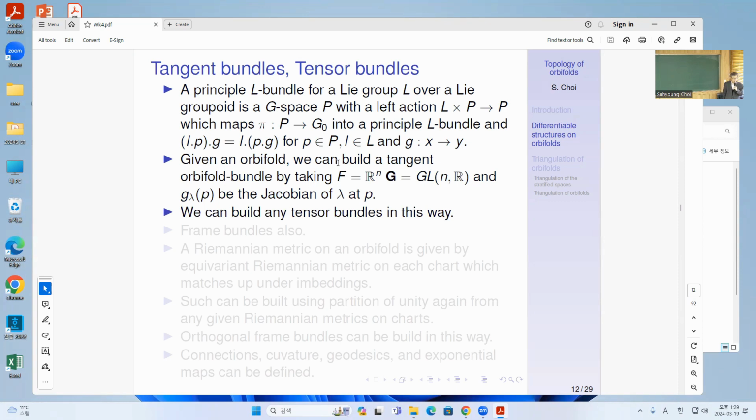And any tensor bundle can also be built this way. Okay, so for a tensor bundle, you just have to choose F to be the tensor over R^n, so some (r,s) tensor, and then G will act on this, and of course the Jacobian will act naturally on this. So you can do the same thing here. For frame bundles, F will be the space of frames on R^n, and the Jacobian will act on the frames in the natural way. Okay.